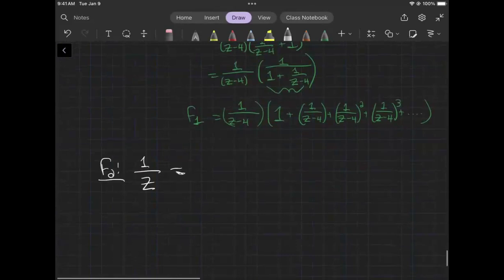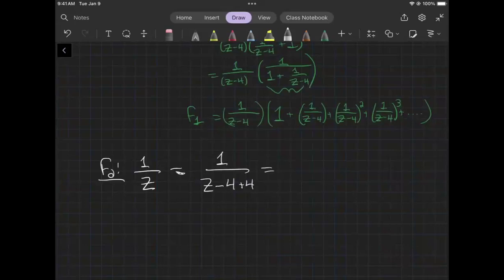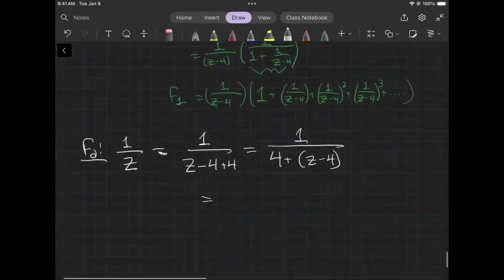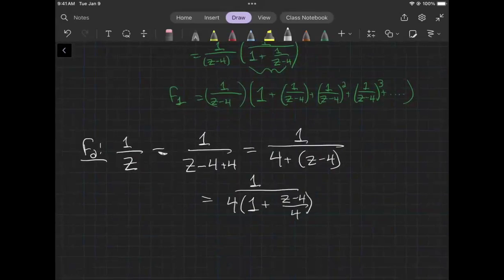I can rewrite 1 over z as 1 over z minus 4 plus 4. And so this equals 1 over 4 plus z minus 4. If I factor out a 4 from each of the terms in the denominator, I'll have 1 over 4 times 1 plus z minus 4 over 4.